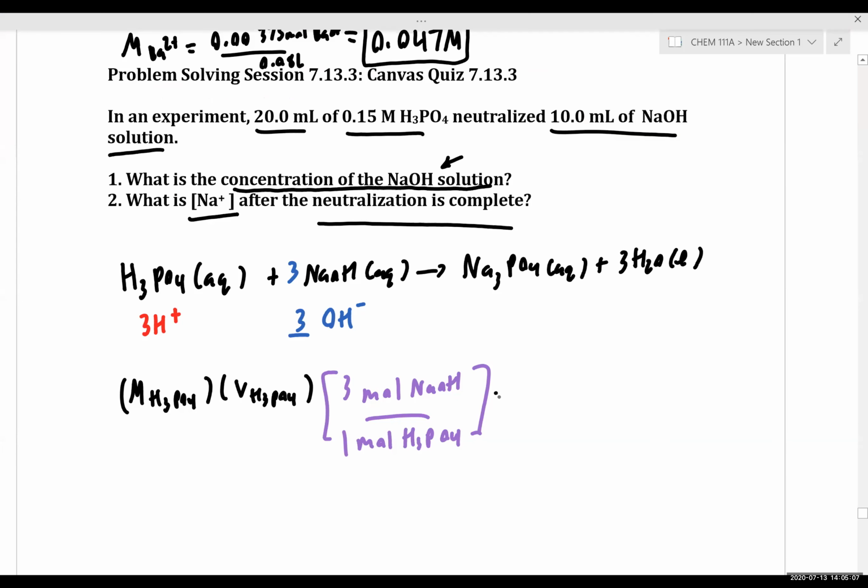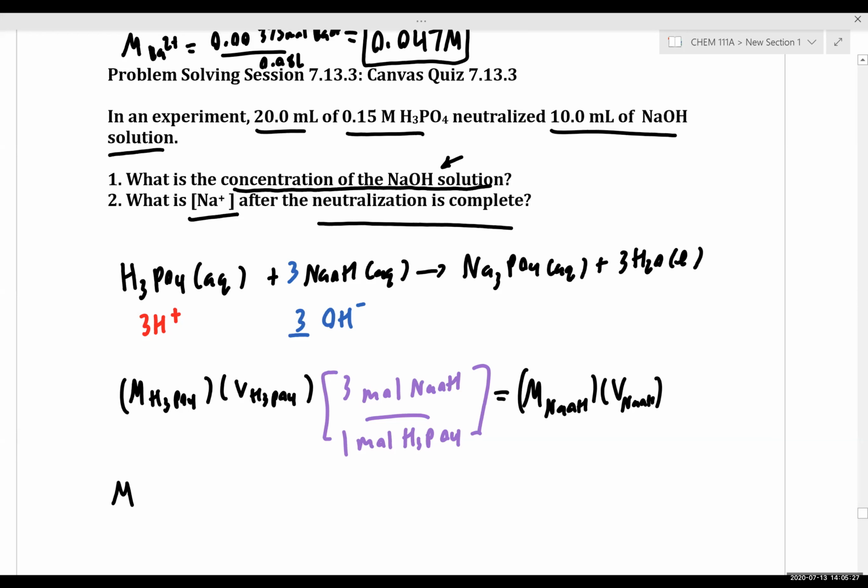Continuing on, we know that the moles of phosphoric acid are equal to the moles of sodium hydroxide modified by our stoichiometric coefficient. So we have the molarity of sodium hydroxide times the volume of sodium hydroxide.